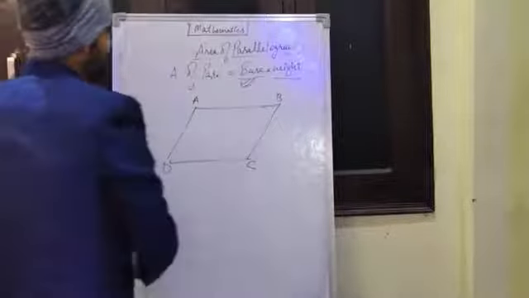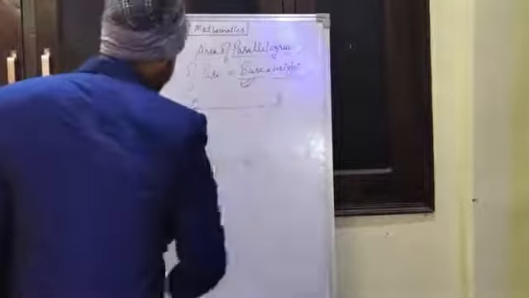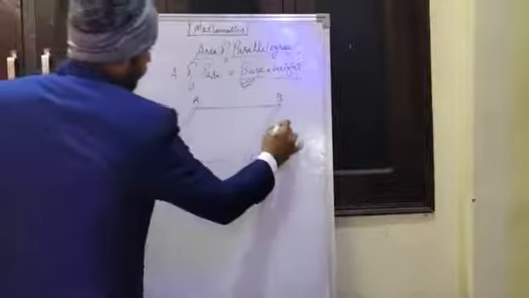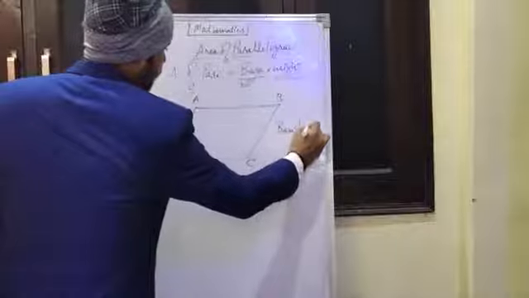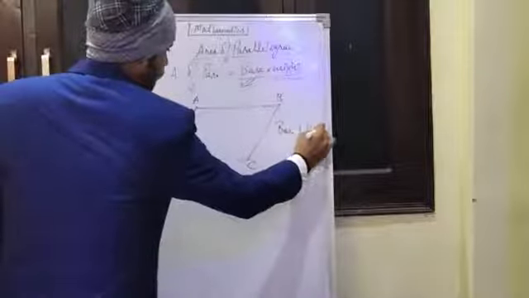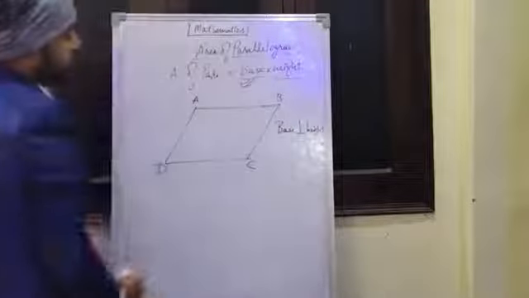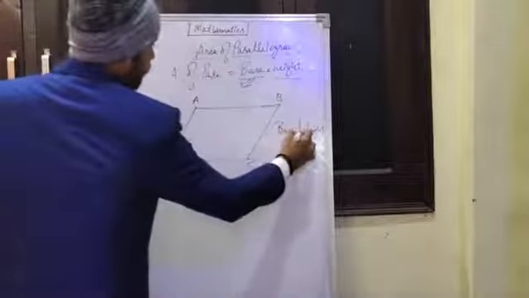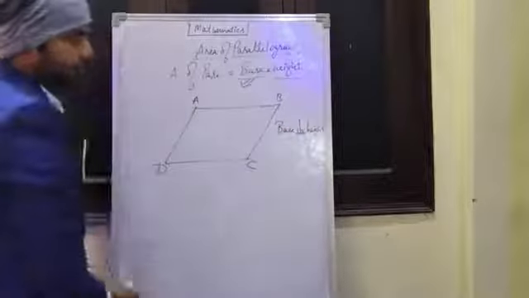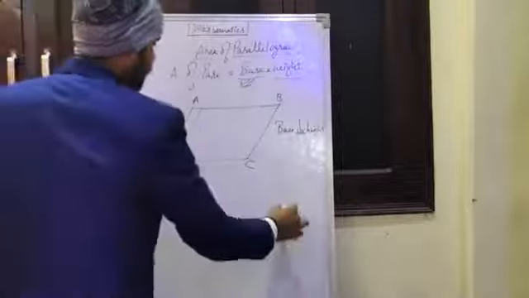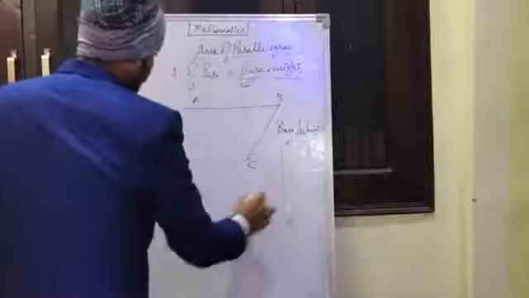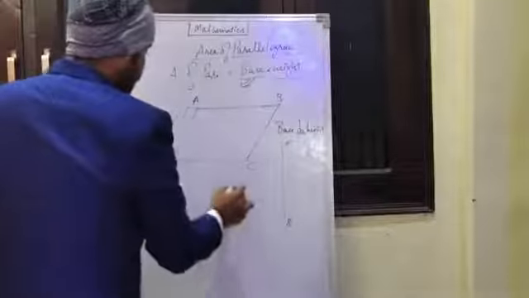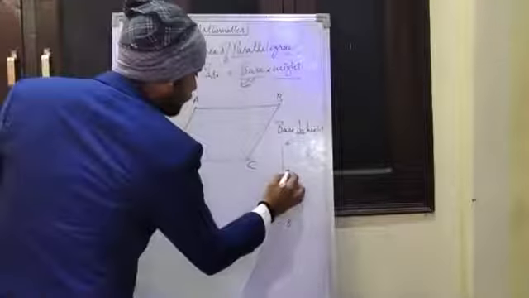Now here we have some relation between base and height. Always remember, base will be perpendicular to height all the time. This symbol is for perpendicular, meaning the angle should be 90 degrees. If I draw one line, this AB, and a second line as CD, you will see the angle between them.